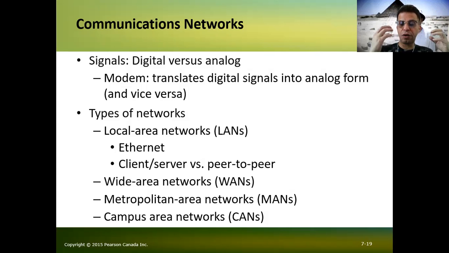Then you have a bigger one, which is called wide area network, or WAN, and usually WANs are made of a few LANs. Then you have the metropolitan area network, or MAN. And then you have the campus area network, which is what we have in a college, called CAN.